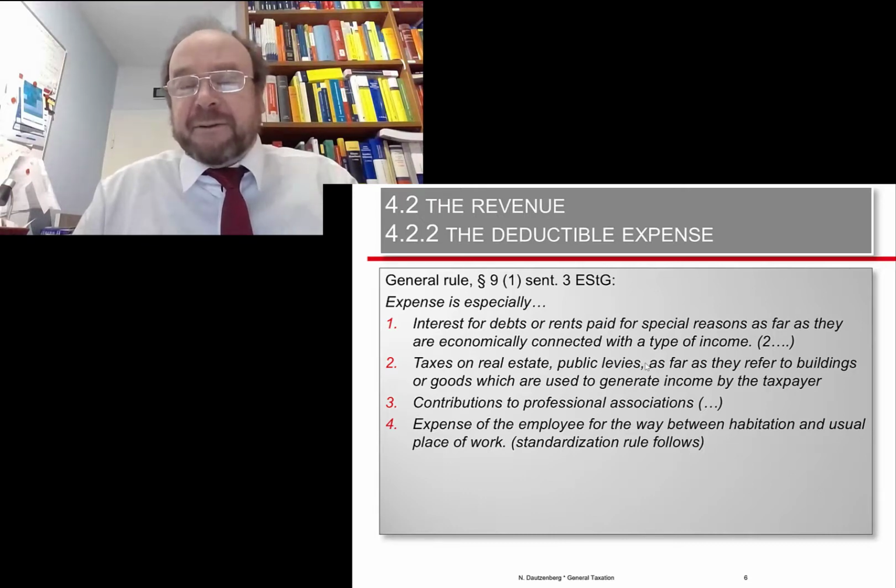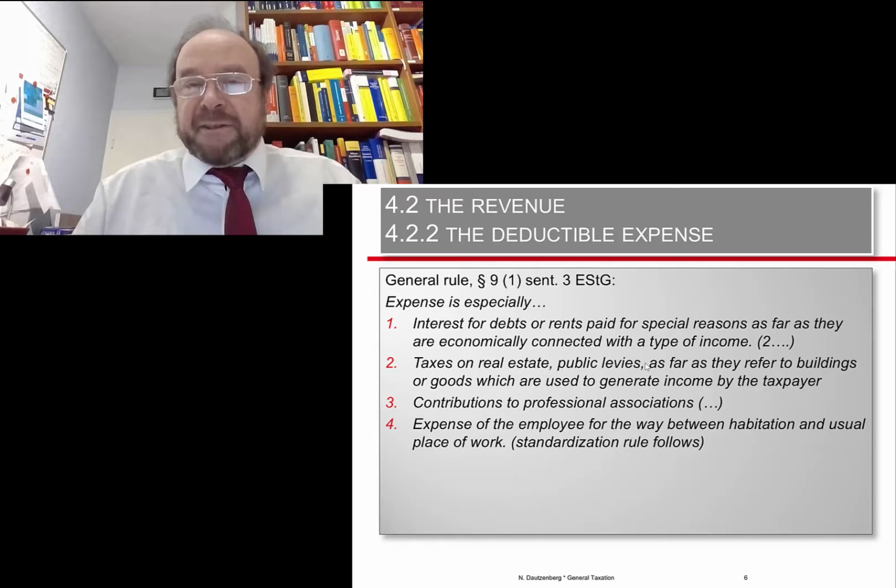Taxes on real estate, for example, the city tax on real estate, which every owner of a building or a piece of land has regularly to pay, is naturally incurred or borne with the intention to generate revenue if you let a house to tenants, because you can't own that house without accepting the fact that you have to pay regular real estate taxes.